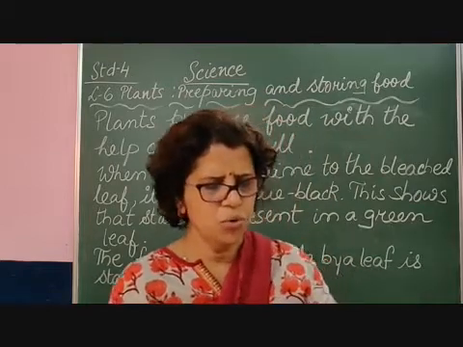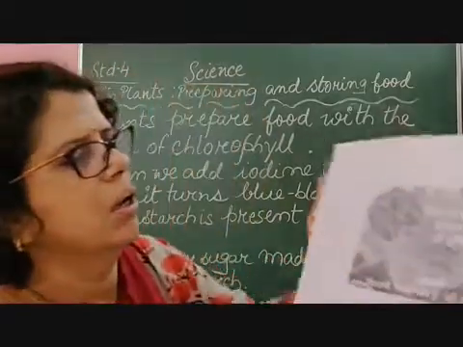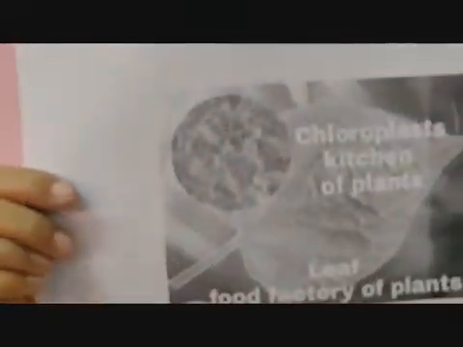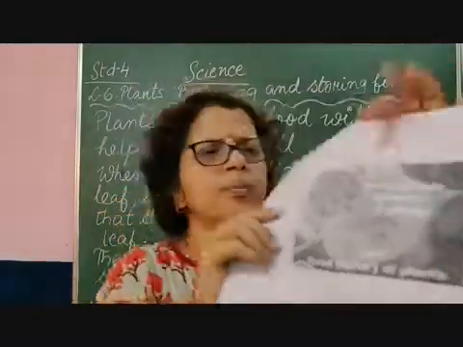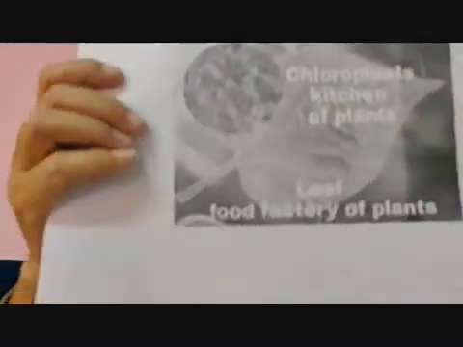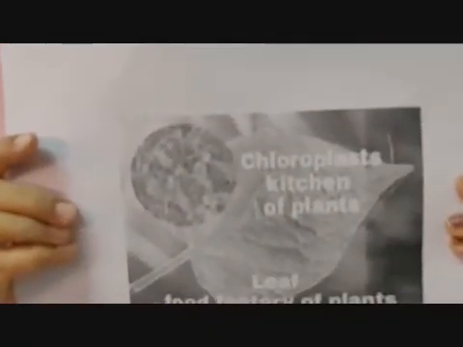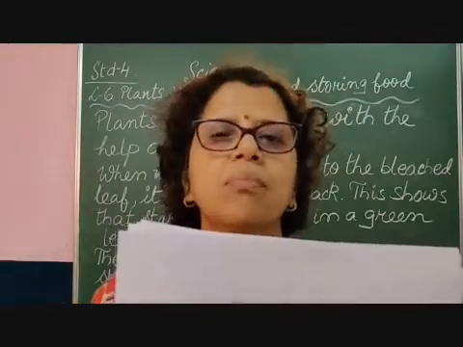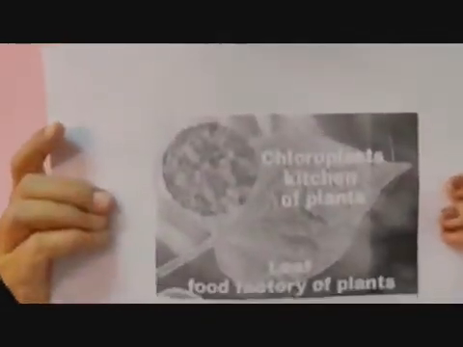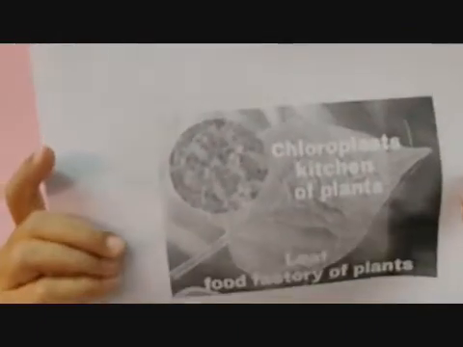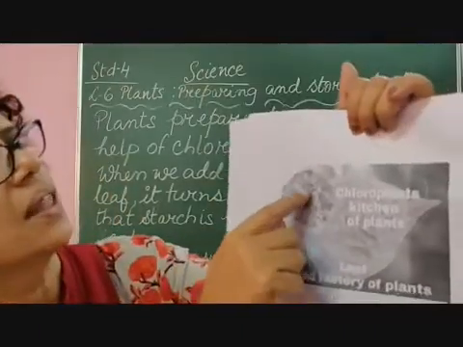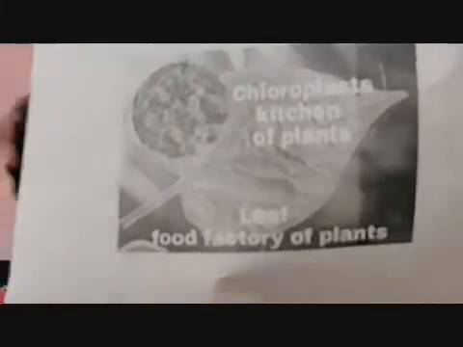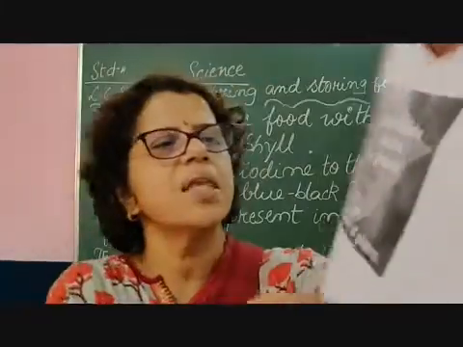Now I'll just show you. If you see it very carefully, can you see those cells which we had discussed, that with the help of veins, these raw materials are taken to the cells. So the leaves have cells, and these are the cells. Like animals also have cells.